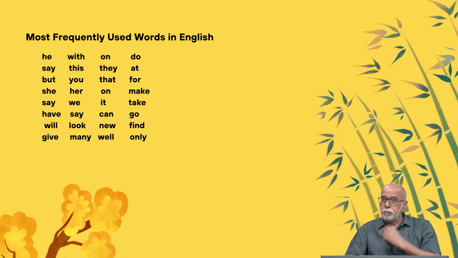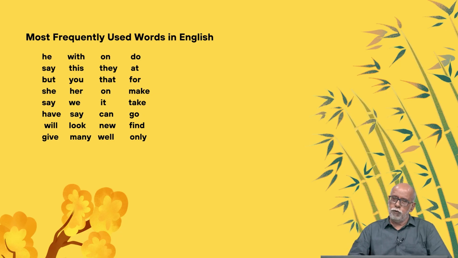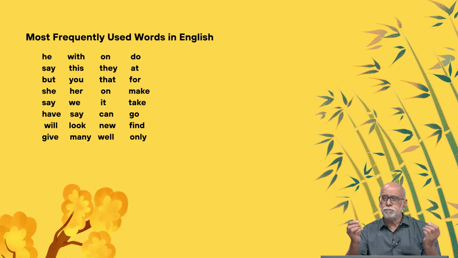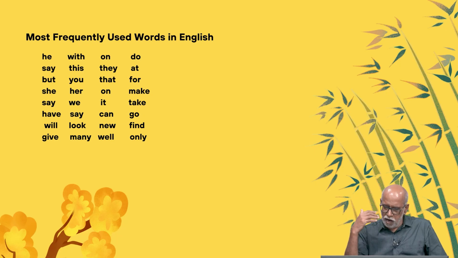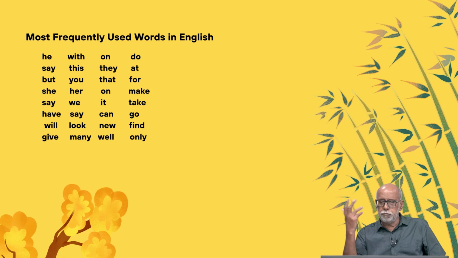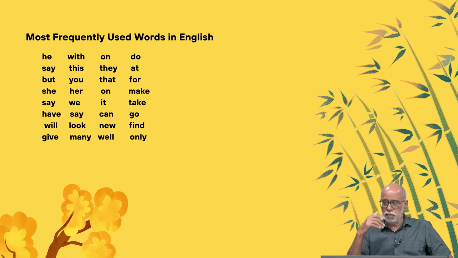Okay. What I am trying to say is the following: if you master these basic, frequently used words, nouns, verbs, adjectives, adverbs, those 3 to 5,000 words, then it is hardly likely that you will ever make any mistakes.